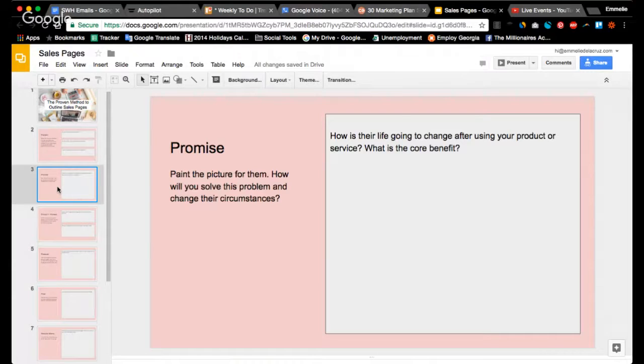In this section, you'd say something like this. I know that planning content is difficult because I've been there. With my workshop or with my class, you'll be able to figure out time hacks so that you can create more content in less time and stop feeling like you're always playing catch up.